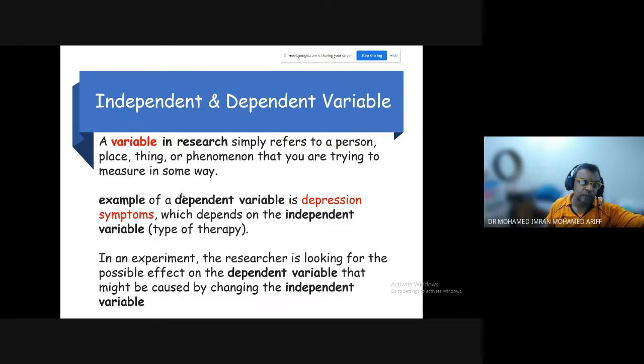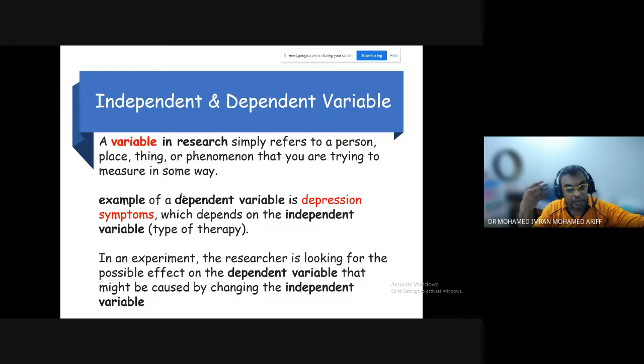Okay. A variable in research simply refers to a person, place, thing, or phenomenon that you are trying to measure. An example of a dependent variable is depression symptoms, which depend on the independent variable, type of therapy. Okay, so based on the therapy, the independent variable, we can see the depression symptoms. Example, let's say dia pergi untuk terapi 1, 2, 3, maka depression level dia akan turun. So we can say depression itu ialah satu dependent variable. It depends on the independent variable.